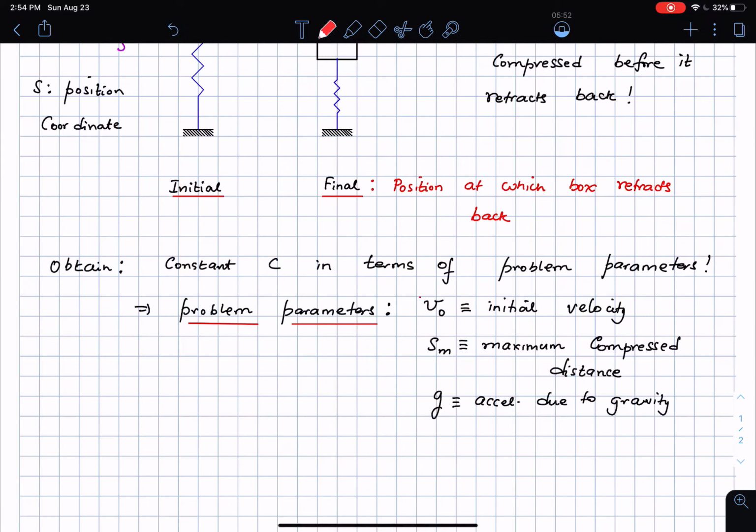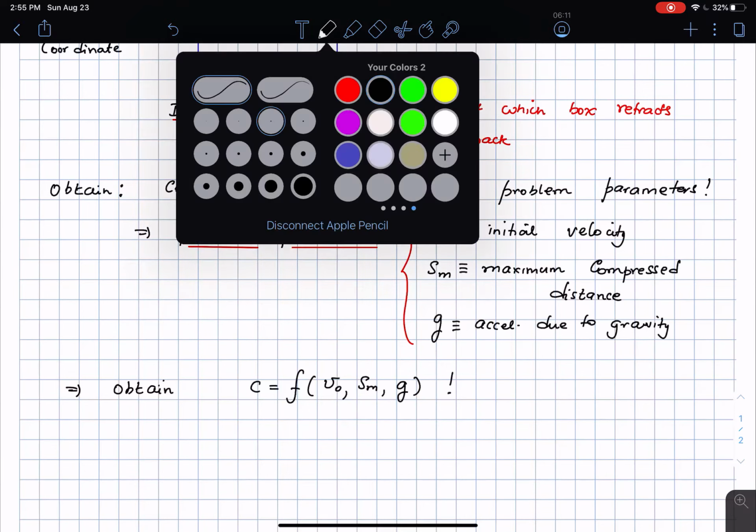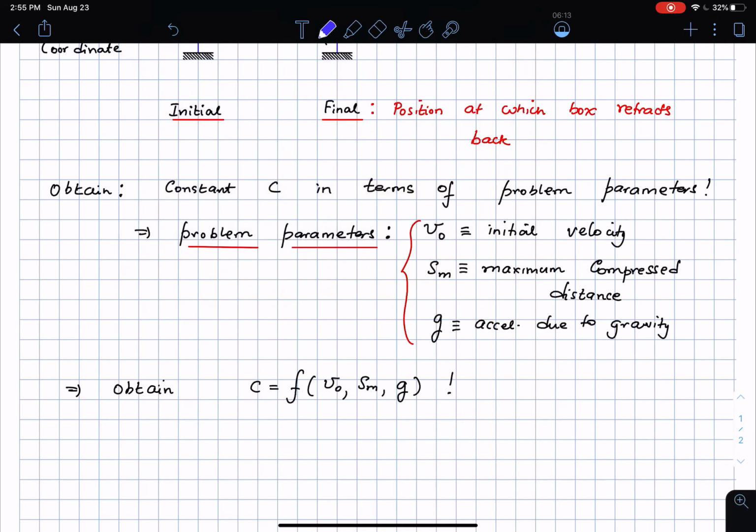These are the problem parameters, which means that I essentially need to obtain c as a function of v0, sm, and g. And that's the main idea in this particular problem, and you'll see that it's fairly straightforward.